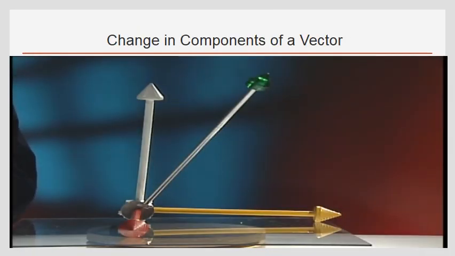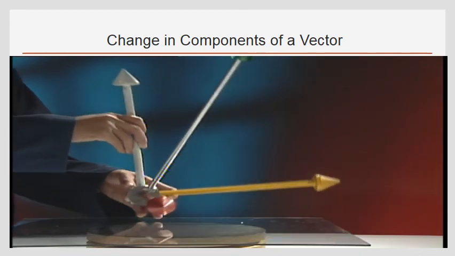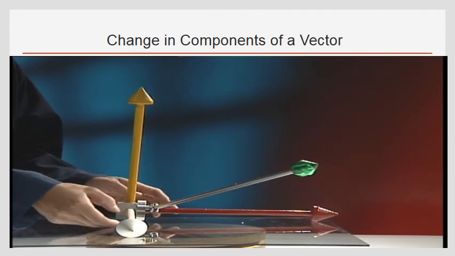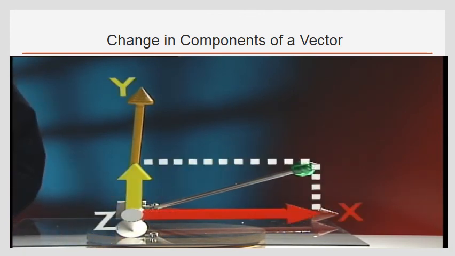This metal frame is a model of a three-dimensional coordinate system with x, y, and z axes. A vector that is anchored at the origin is free to move in the volume defined by the three axes. We'll move it to different positions in the frame and look at the model along each of the three axes to show the components of the vector on those axes.